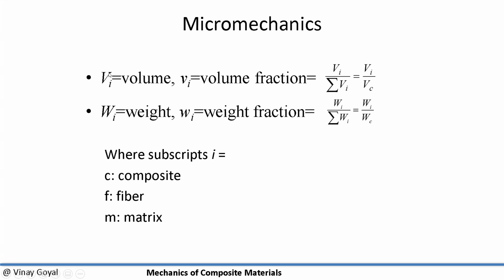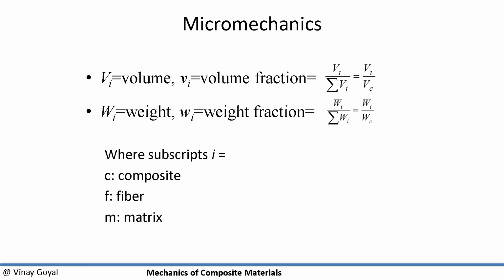That means I'm taking the volume of that particular ith constituent and dividing that volume by the summation of the whole thing, in this case the composite. That ratio I'm calling the volume fraction: what percentage I have of each material, really.